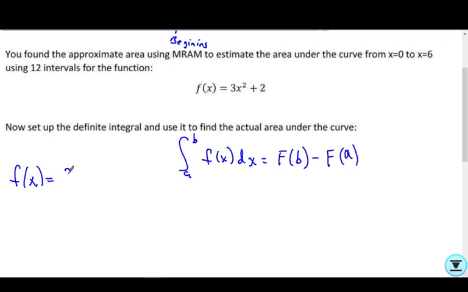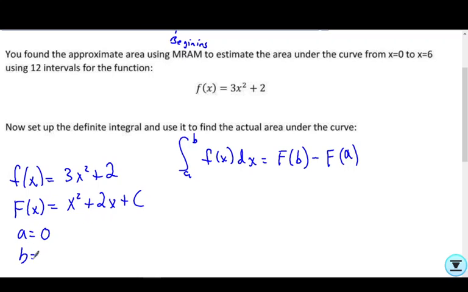So if f of x is 3x squared plus 2, the antiderivative is going to be x cubed plus 2x plus c. a is where my area starts, at 0. b is where it ends, at 6. So this is the stuff that I need to know.